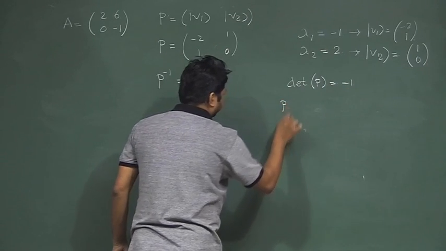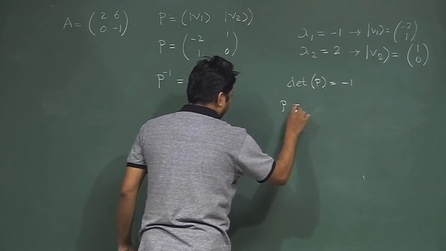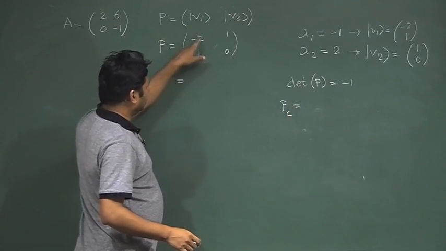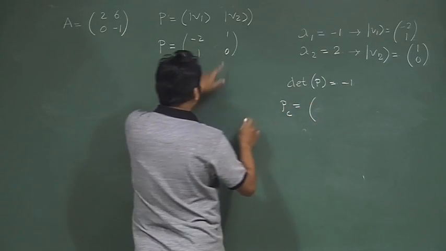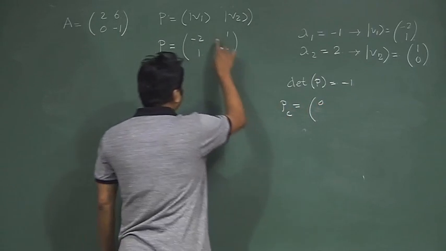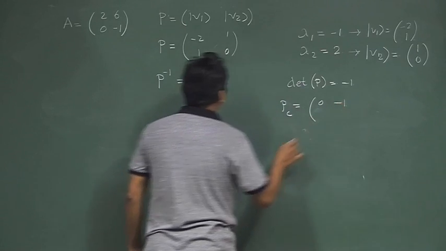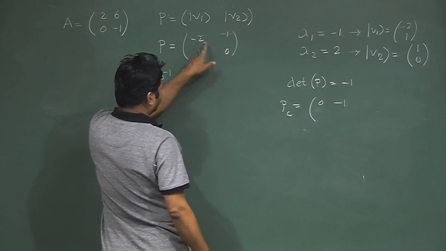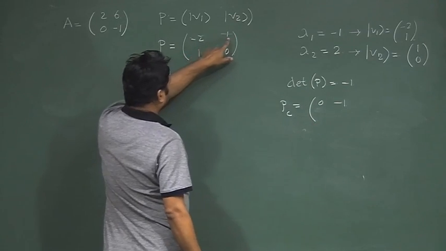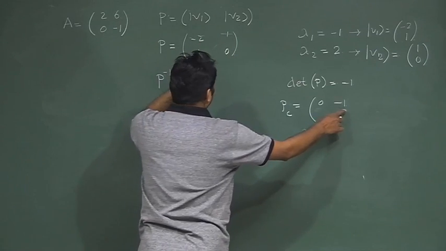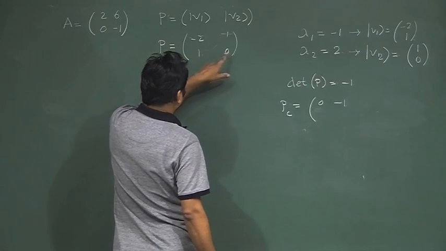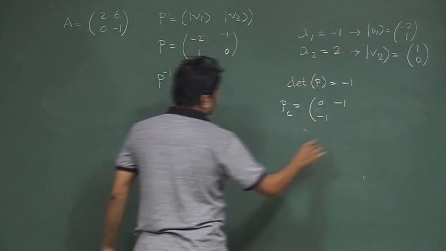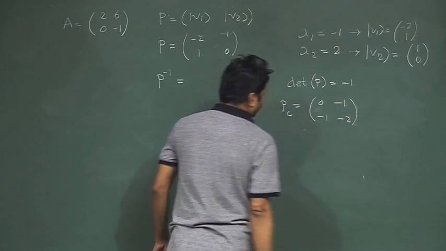And for the cofactor matrix of P, it is something like this: 0, 1; 1, minus 2 with signs adjusted. When I do this, this will cut and this value will be put here, with a negative sign here, and for this value I will cut this and put a negative sign here, and for this value I will put this here. So my value is this.